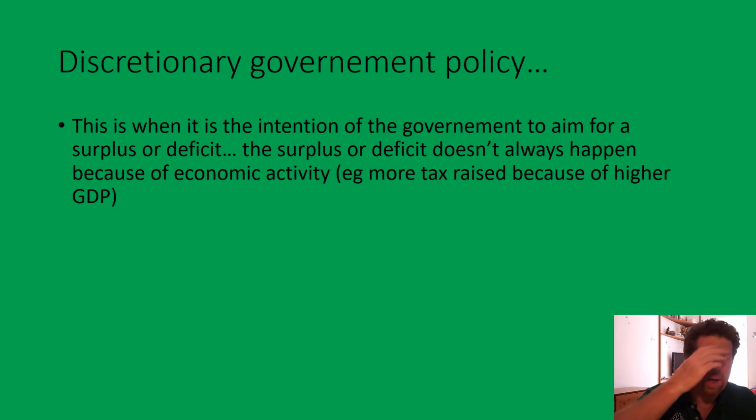We call the intended policy, fiscal policy of the government, whether it's surplus or deficit, a discretionary government policy, because actually the reality may not always be what they wanted.